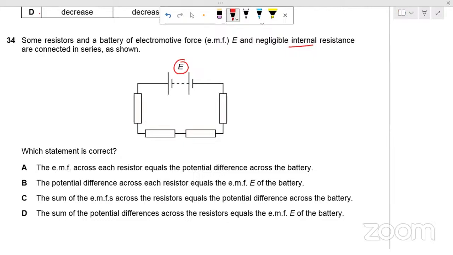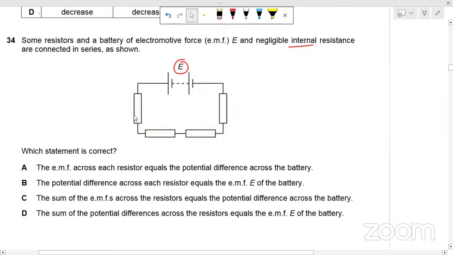You know, EMF is always of the source and the potential difference is across the resistor. These resistors are unconnected, so that's why EMF across each resistor is not equal to the potential difference.